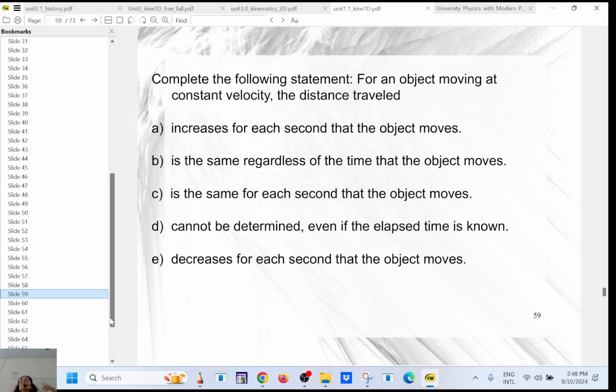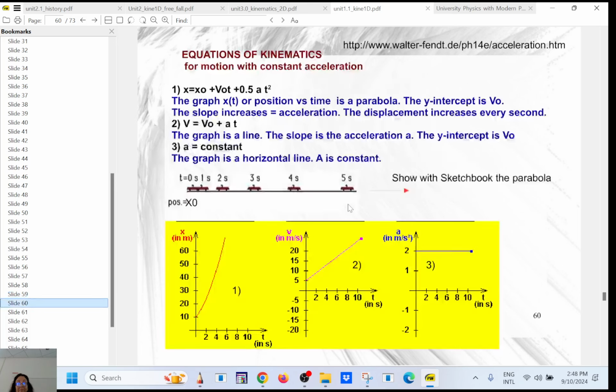See, right? It's the same for every second. Does it make sense? Right? Okay, what now if we do have an acceleration? Now every second it's going to cover more and more and more distance.